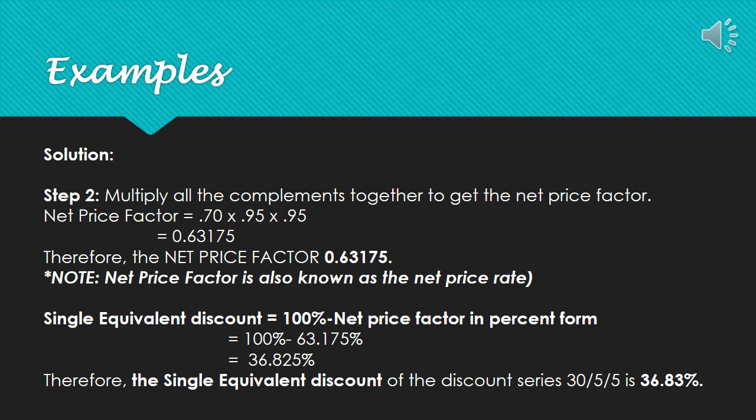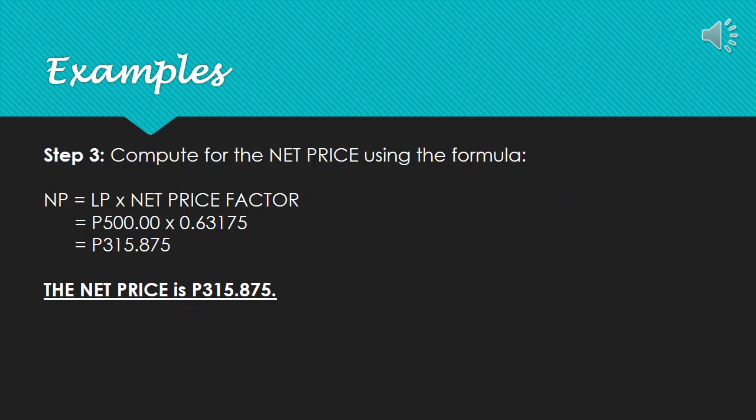So, our single equivalent discount, yung total nung tatlong discount is 36.83% nung list price natin or nung original price. So, last compute for the net price using the formula. So, nasabi ko na to kanina, we'll just have to multiply the net price factor to the list price. And then we'll get the net price, the final net price, which is 315.875. So, pares lang siya dun kanina sa step-by-step method.